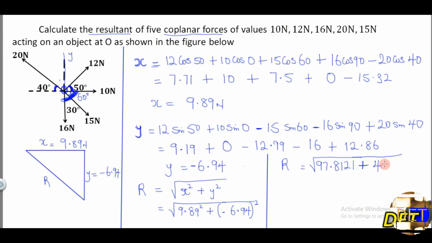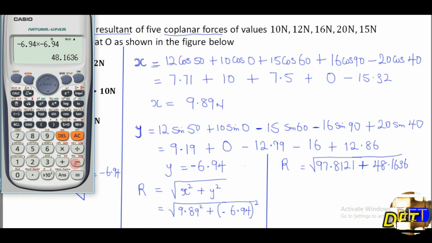So 48.1636 plus 97.8121 will be equal to 145.9757.